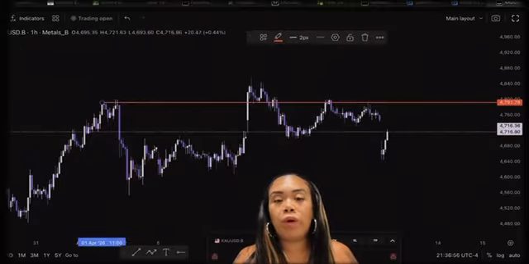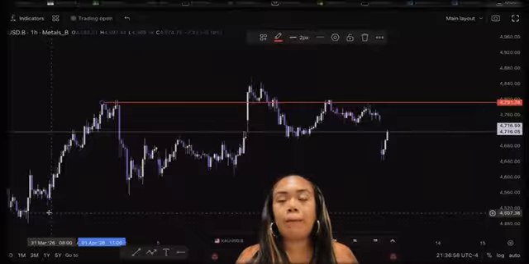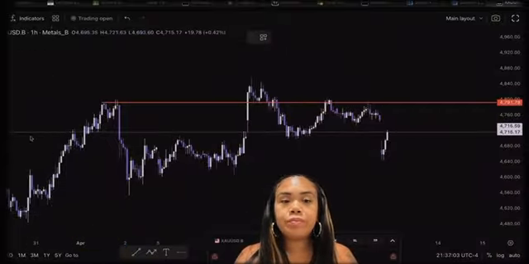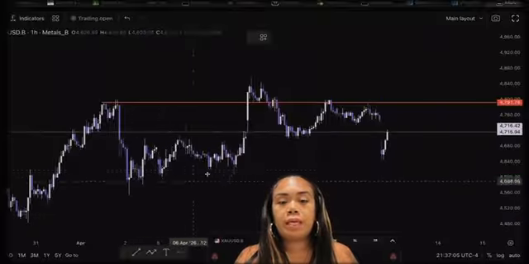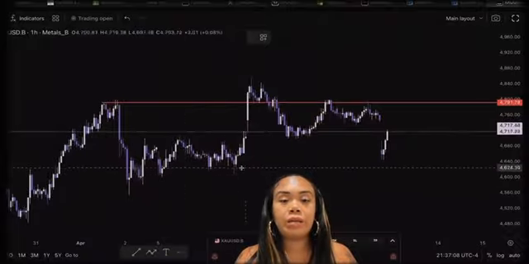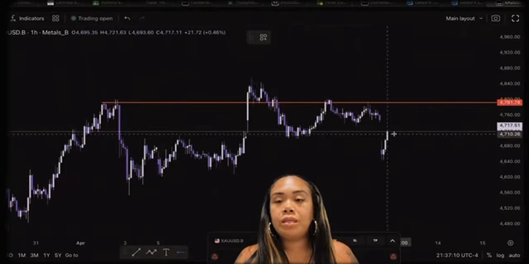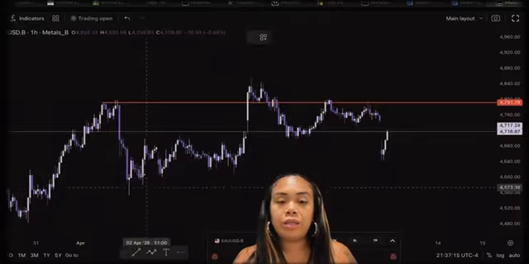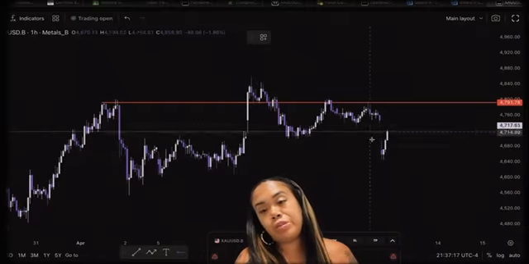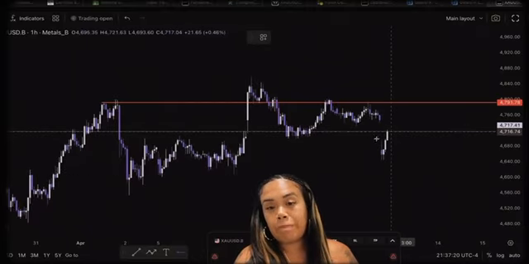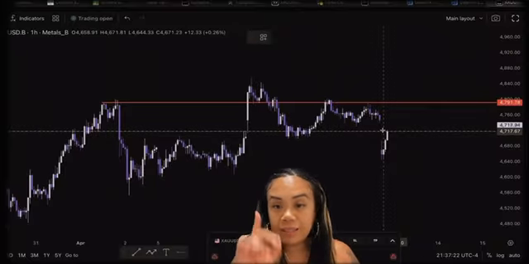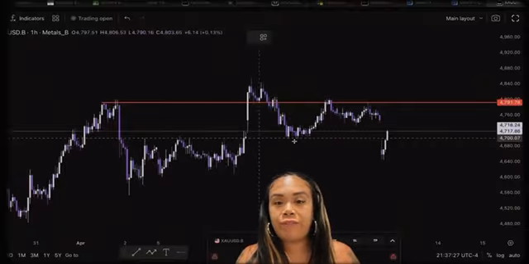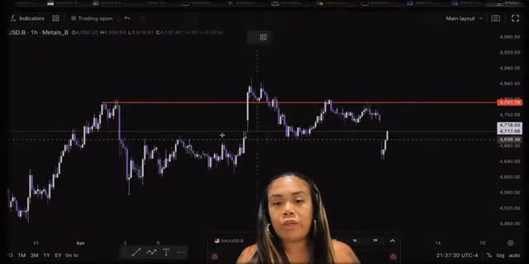What about support? Where do we see multiple touches in support? Let's take a look. We do see multiple taps right around this area. Because current market price is right here, technically we would be drawing support right down here because we see price playing around this area, but not to say that this is not valid, because this is a very valid price point around here.